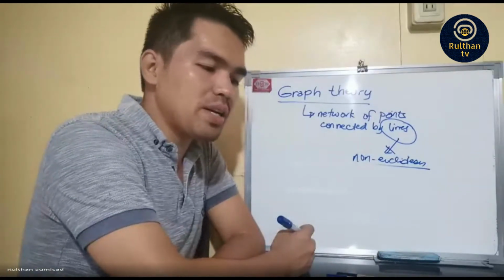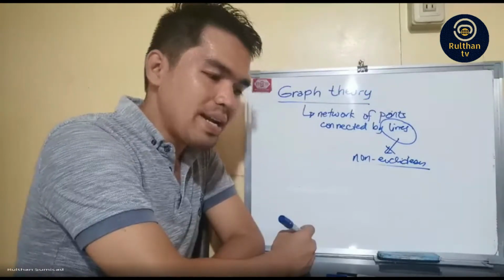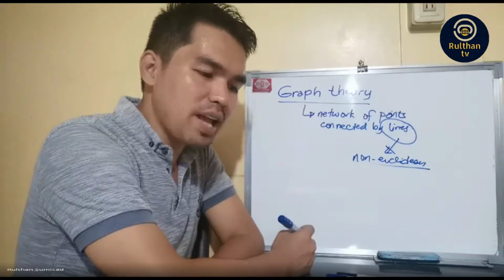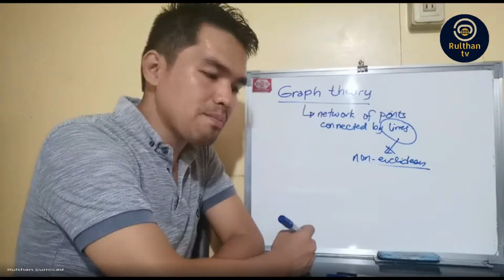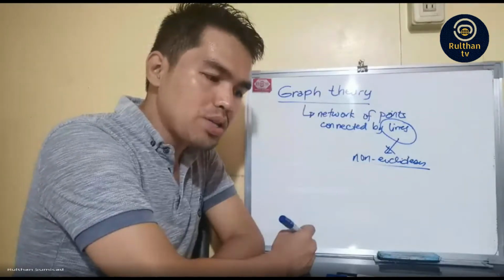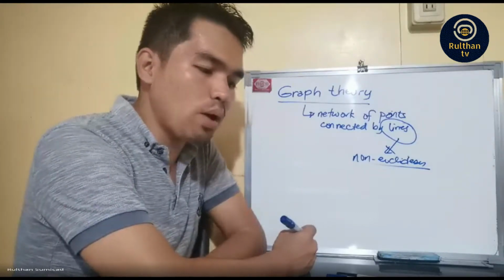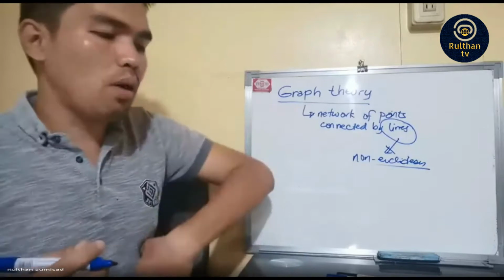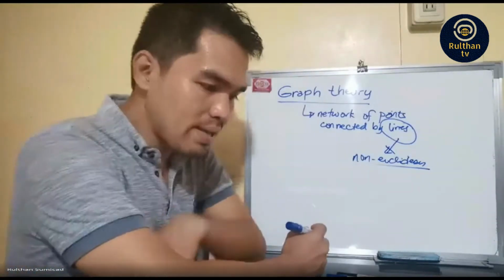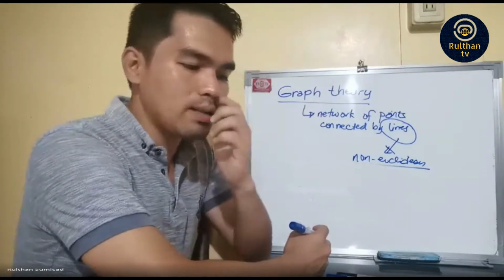Accordingly, in the field of computer science, graphs are used to represent networks of communications, data organizations, computational devices, the flow of computations, and others. One good example is the link structure of a certain website, which could be represented by a directed graph. The vertices are the web pages, and a directed edge from page X to page Y exists if and only if page X contains a link to page Y.